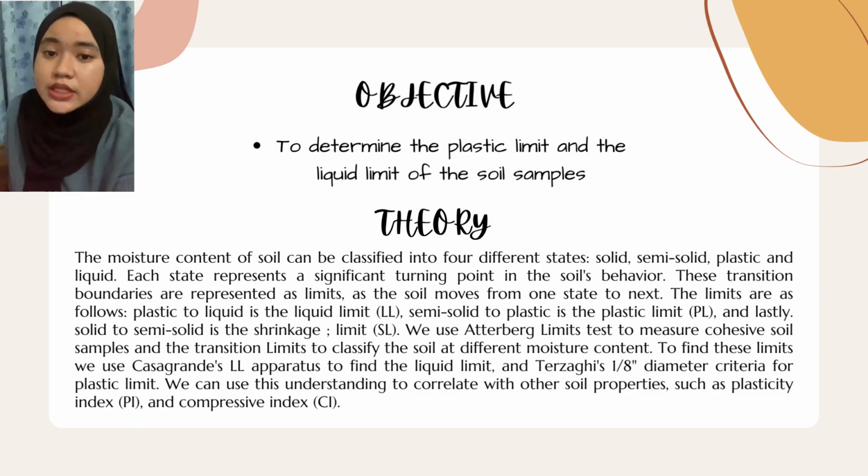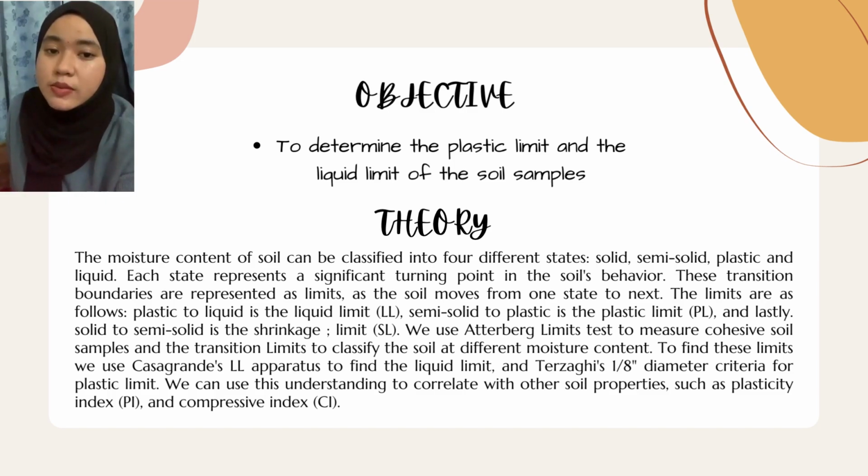As the soil moves from one state to the next, the limits are as follows. Plastic to liquid is the liquid limit, LL. Semi-solid to plastic is the plastic limit, PL. And lastly, solid to semi-solid is the shrinkage limit, SL. We use the Atterberg limit test to measure cohesive soil samples, and the transition limits to classify the soil at different moisture content.